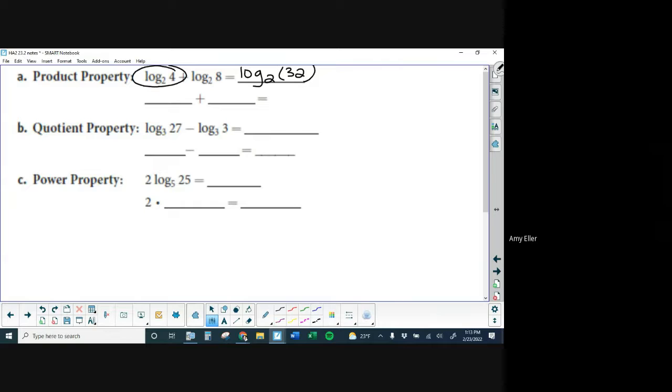So 2 to what power is 4? 2. 2 to what exponent is 8? 3. We know that adds up to 5. Does this also equal 5? Yeah, we did that one earlier. 2 to the 5th is 32. Try the next one on your own.